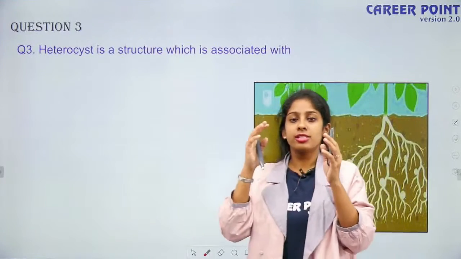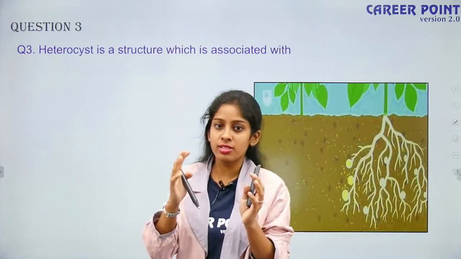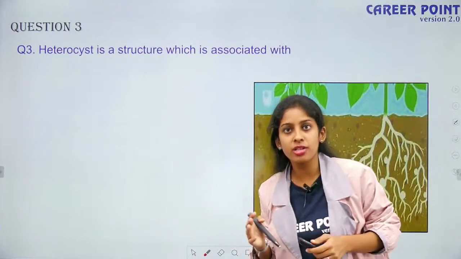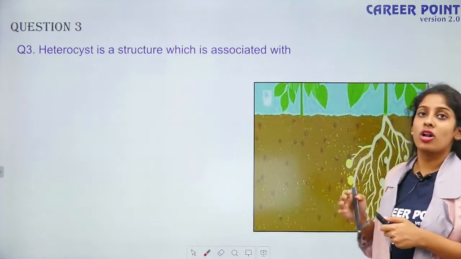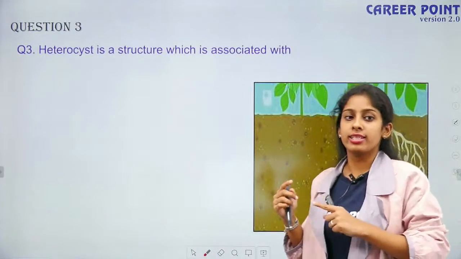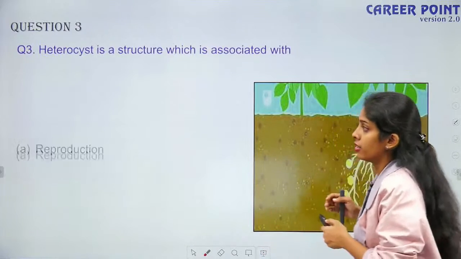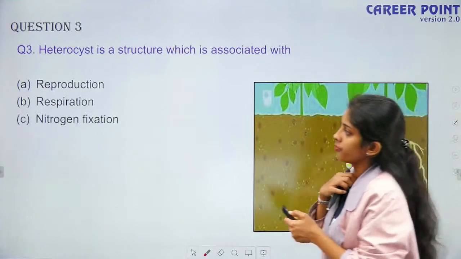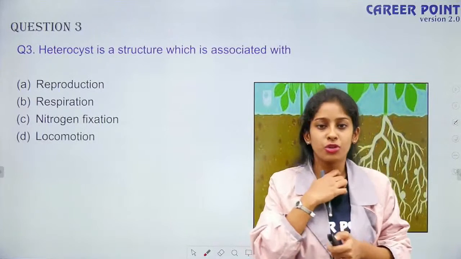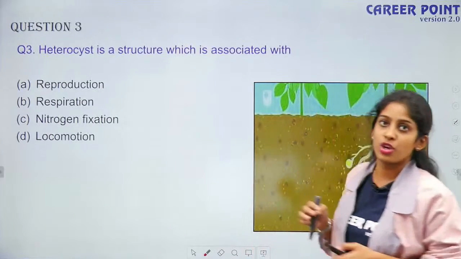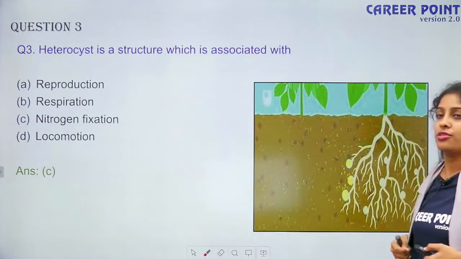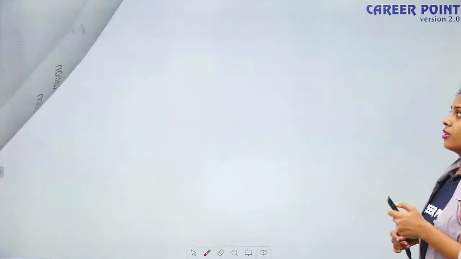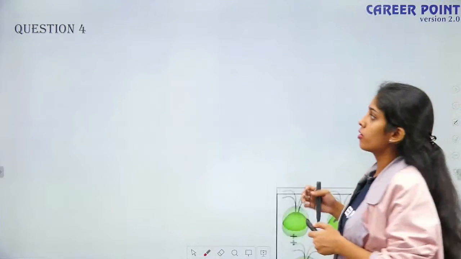So they have these specialized structures called heterocysts which help in fixing nitrogen, and the enzyme is called nitrogenase, and the gene encoding the enzyme is called the NIF gene. Here your options are reproduction, respiration, nitrogen fixation or locomotion. So it's a pretty direct question. Your option is C, that is nitrogen fixation.